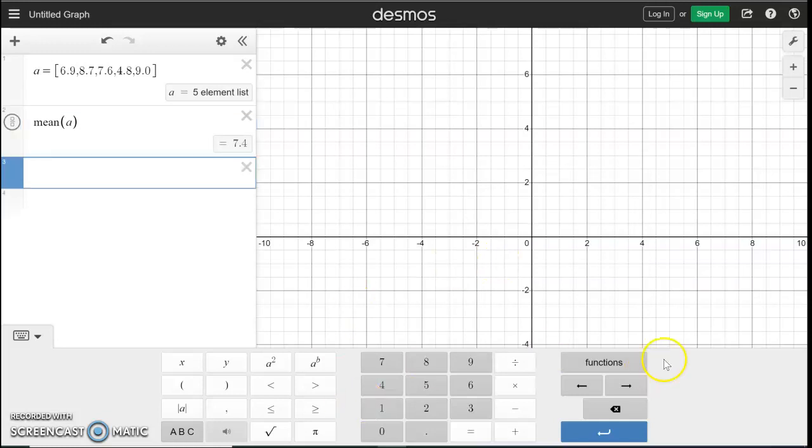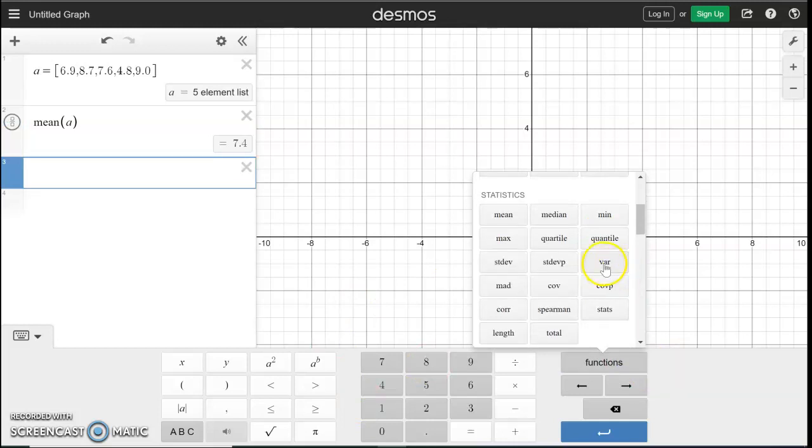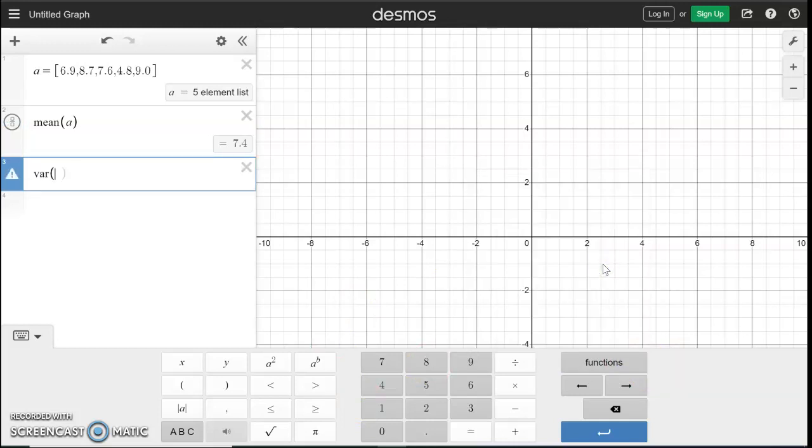The next function again, and then variance, VAR. But since I told you we are going to assume that this is a population, you write the VARP, or variance of the population, A. That's the set A. It's 2.26.